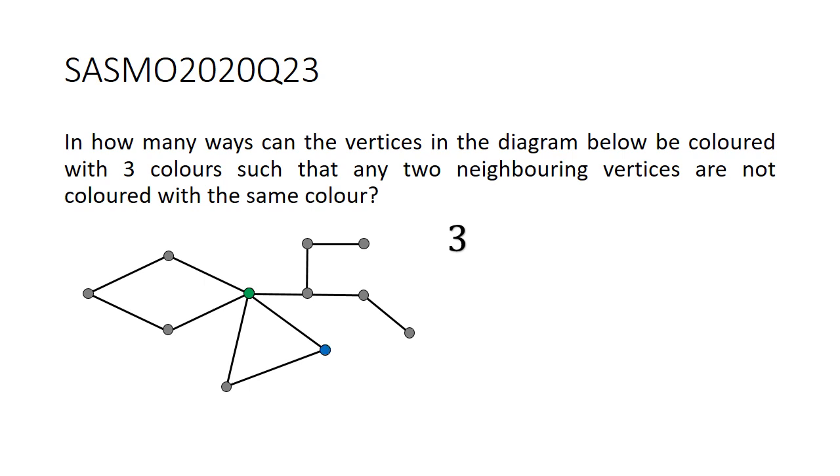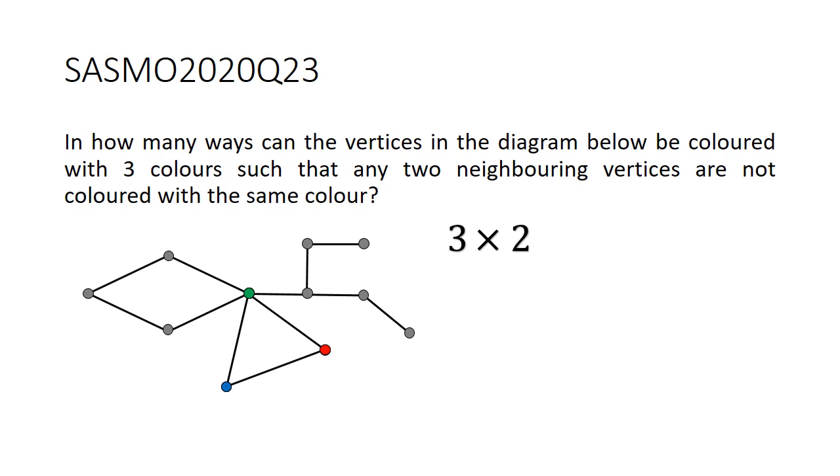It could be colored blue in this vertex and red in the other, or the other way around. So for each color in the vertex where the green color is, there's 2 more possibilities for coloring this triangle. So we'll just put a times 2.